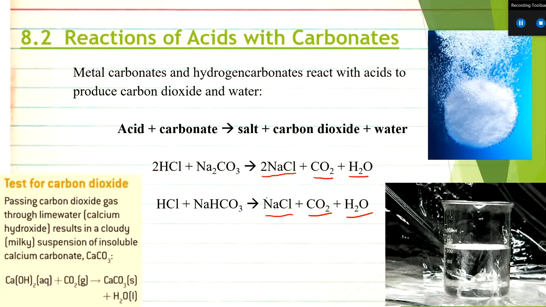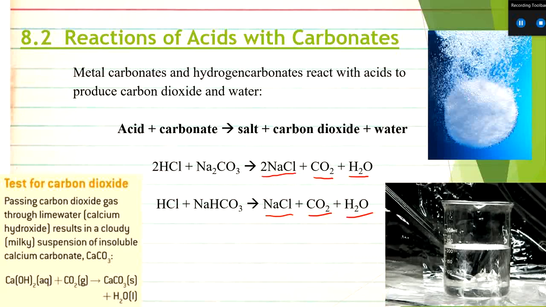So you can do a test for carbon dioxide gas. Besides using a splint, all a splint really will do is distinguish between it being hydrogen or not, or oxygen. But you can pass carbon dioxide gas through a solution of lime water, which is calcium hydroxide, and the carbon dioxide will react with the lime, creating a suspension of calcium carbonate, which is solid.